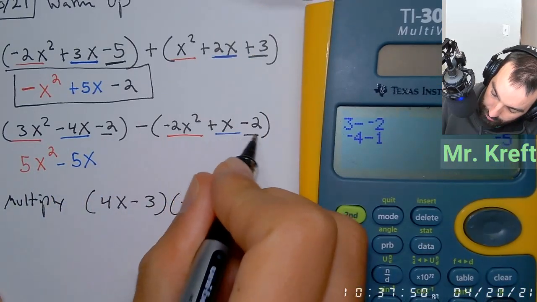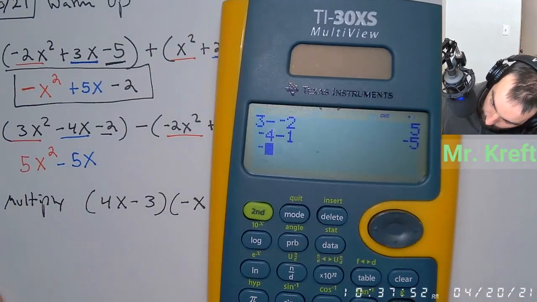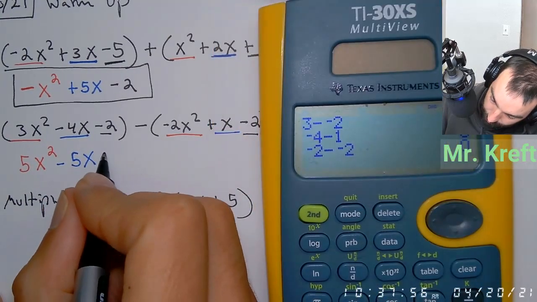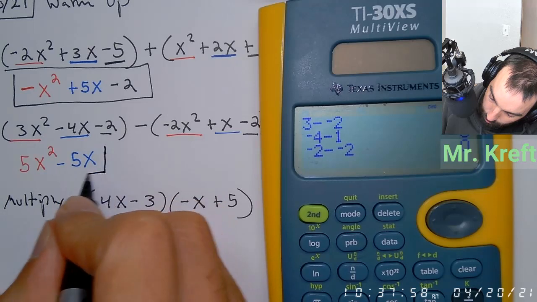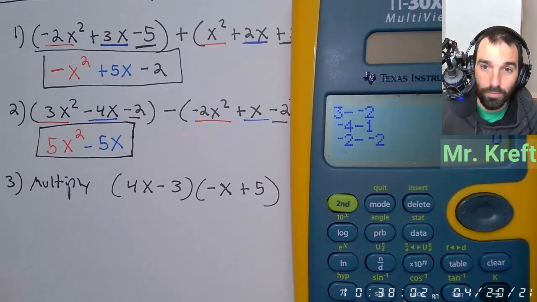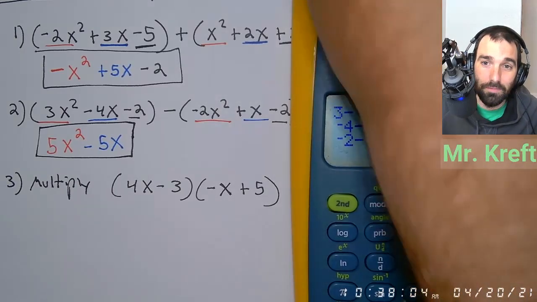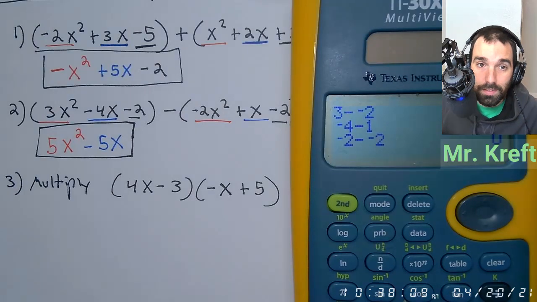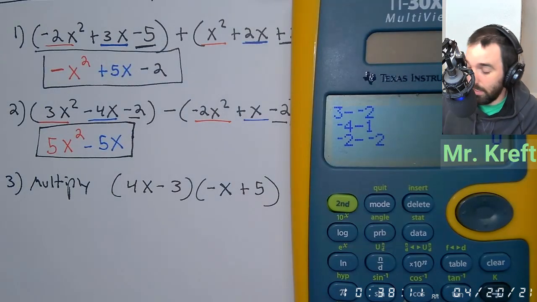I have negative 2 minus a negative 2. So negative 2 minus a negative 2, I get 0. Okay, and if you have a 0, we don't need to write it, right? Because it's nothing. So if there's nothing, then you can write nothing. Okay, does anybody have questions about that? If you did write the 0 in, it's not the end of the world, right?